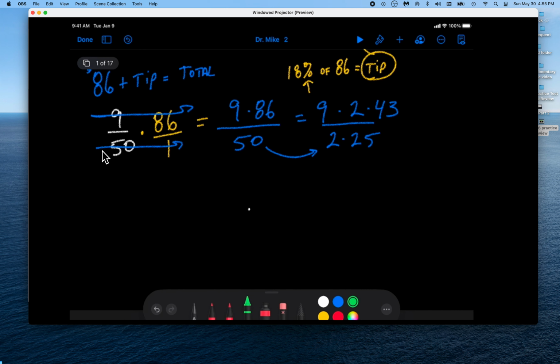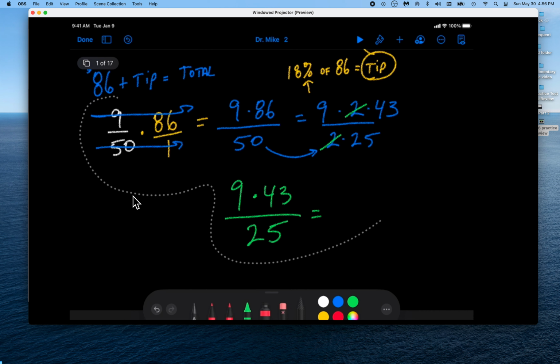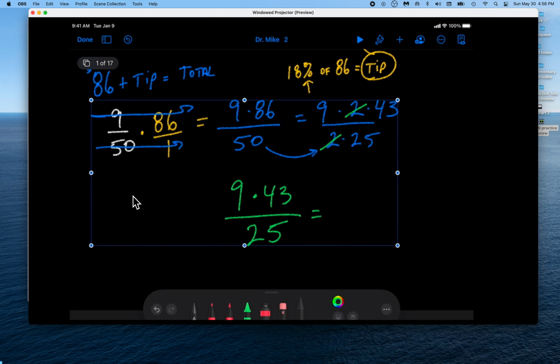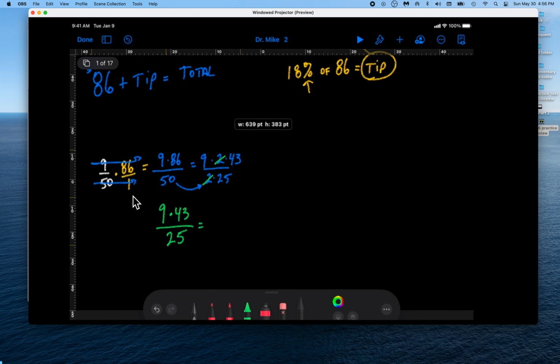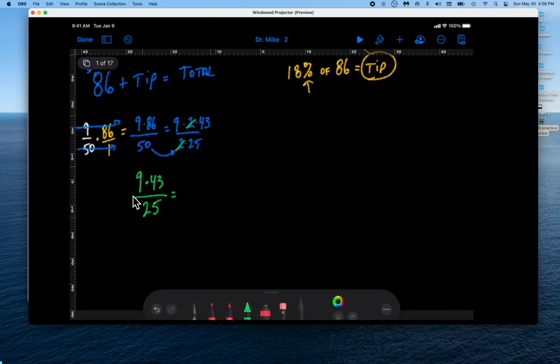Now these 2's cancel. So I have 9 times 43 divided by 25. That is an ugly number to work with. This is a case where it's easier to work with decimals. So I showed you that it's not always great to work with fractions. So let's change gears. That's why you have to know how to do it both ways.